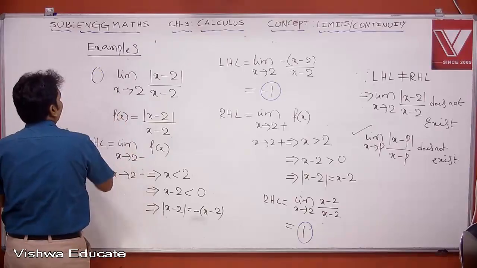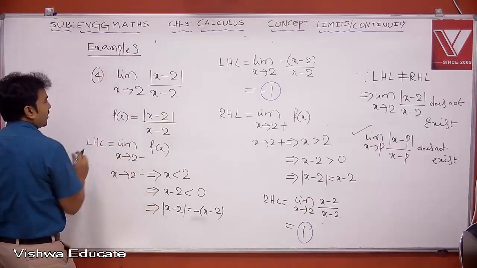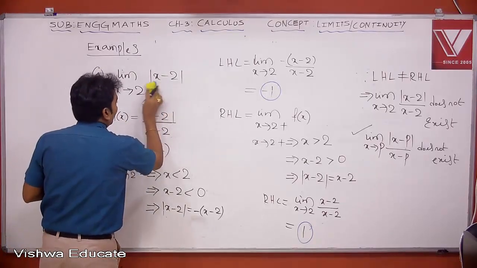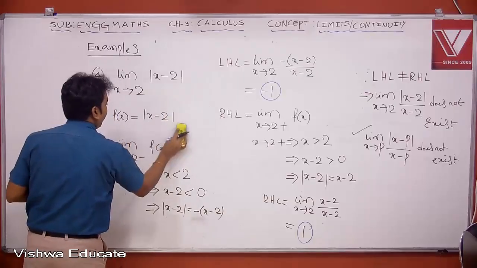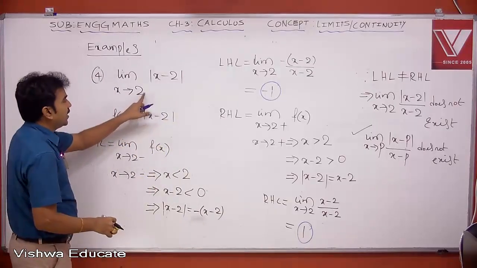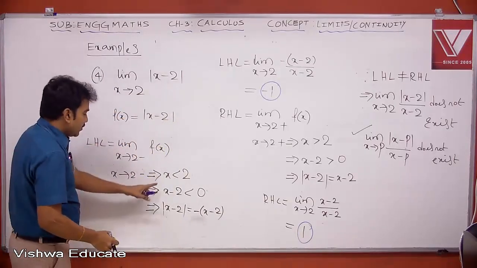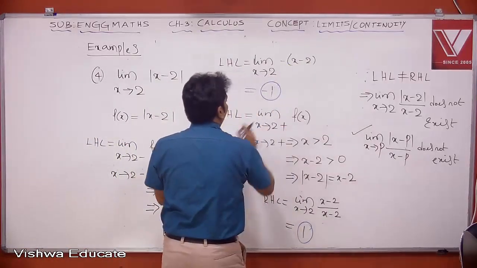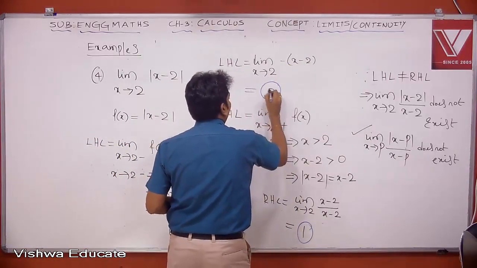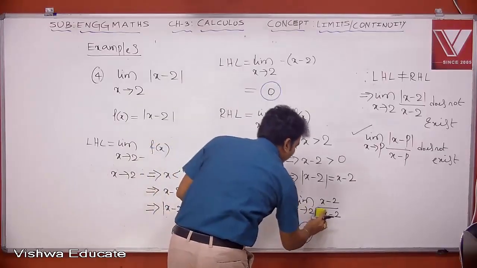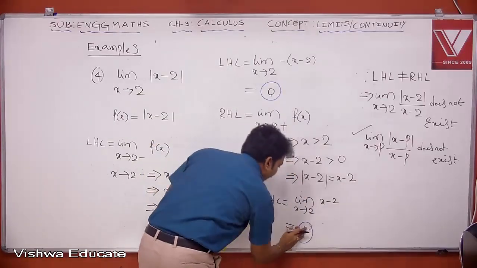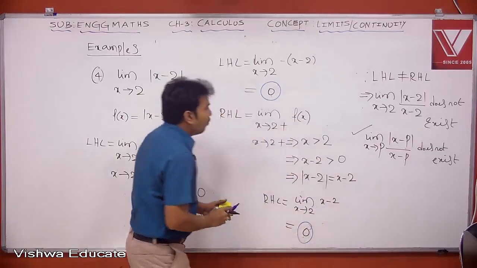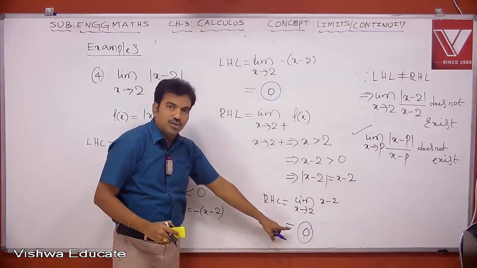Next example, let us modify example 3. I don't have the denominator part, so f of x is mod x minus 2 only. I need to find out this limit. Since I don't have x minus 2 in the denominator, this limit will be 0. In the RHL also we don't have a denominator, and this value will be 0. So both LHL and RHL are zeros.